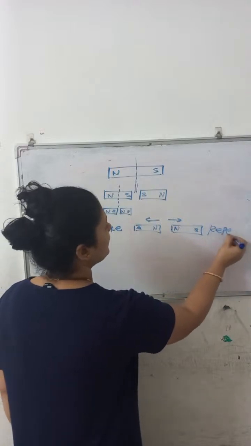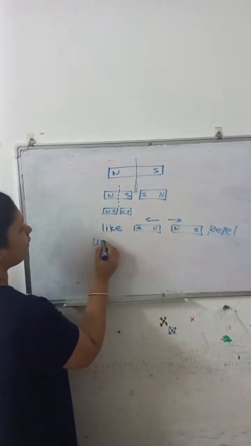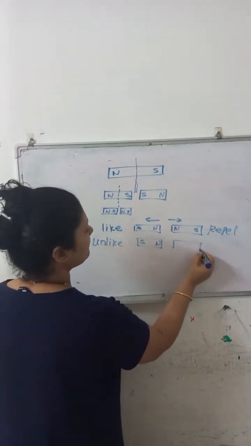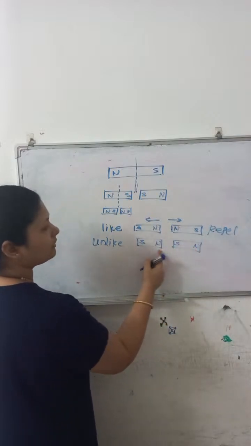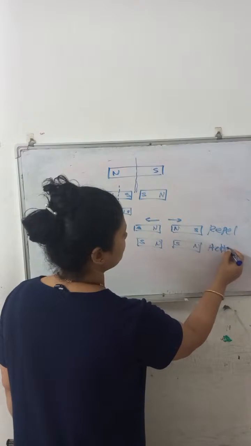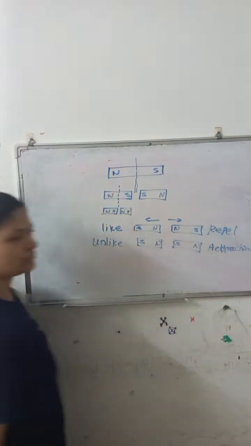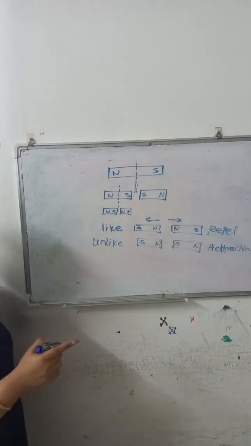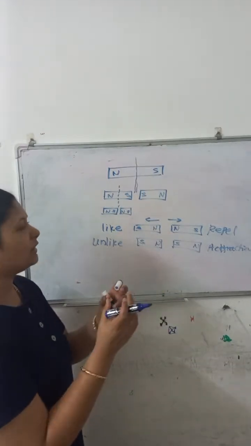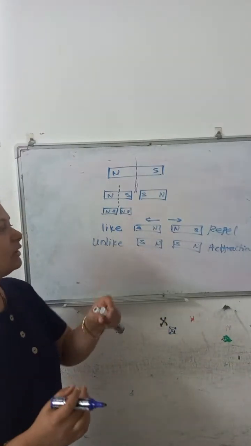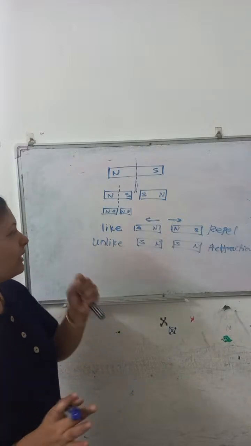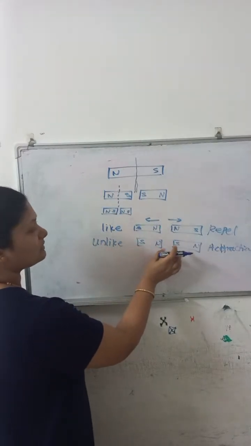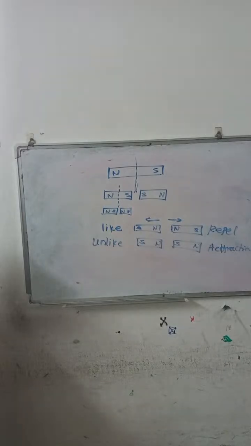Whenever I bring unlike poles near, one north and the other south, there is attraction. So we can conclude that when north and north, or south and south, are in front of each other, they always repel, and unlike poles, north and south, always attract.